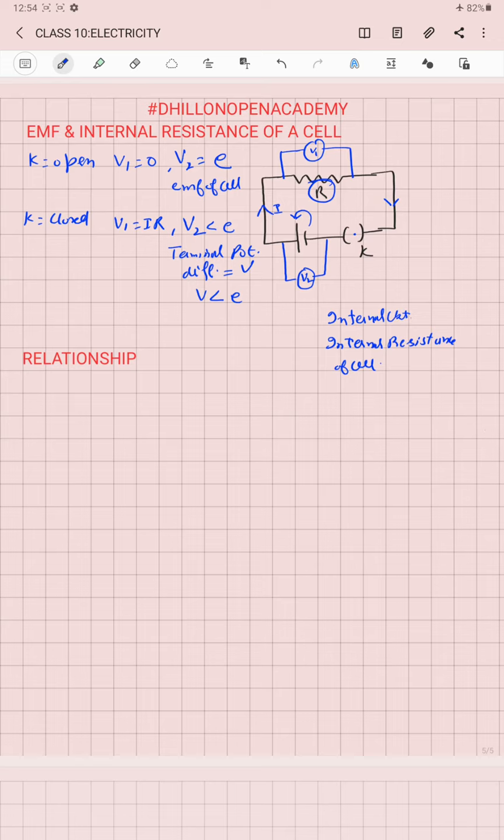And because the same current flows through both of them, both external and internal resistance are present in series with each other. So this circuit can be drawn equivalently as an external resistance capital R in series with the internal resistance, which we will label with small r, with the battery.